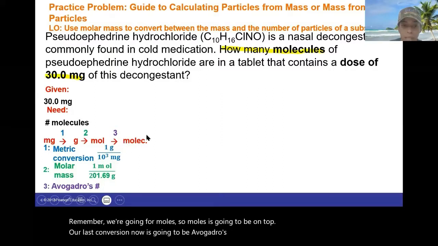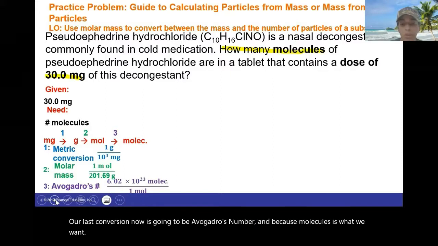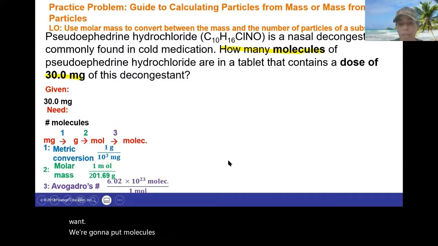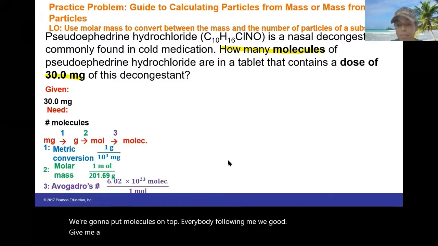And because molecules is what we want, we're going to put molecules on top. Everybody following me? We good? Give me a hands up. All right, cool. All right, here we go.